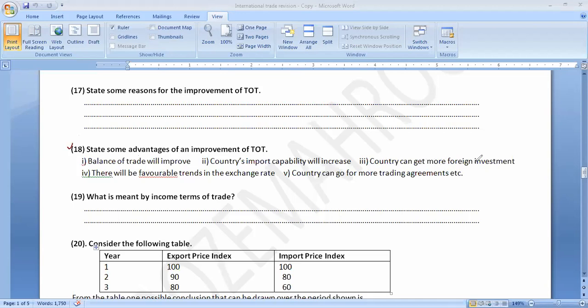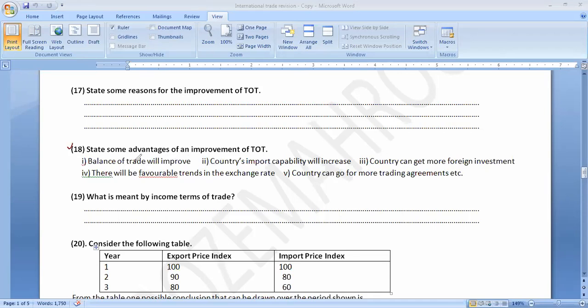Country can get more foreign investment because the country is performing better. Then there will be favorable trends in the exchange rate. Our foreign exchange rate will become favorable. Country can go for more trading agreements, etc. And even more, you can say advantages of an improvement of TOT.